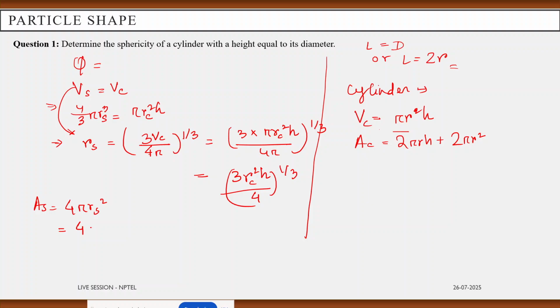So from there we will calculate the sphericity, which is the surface area of the sphere over the surface area of the cylinder.